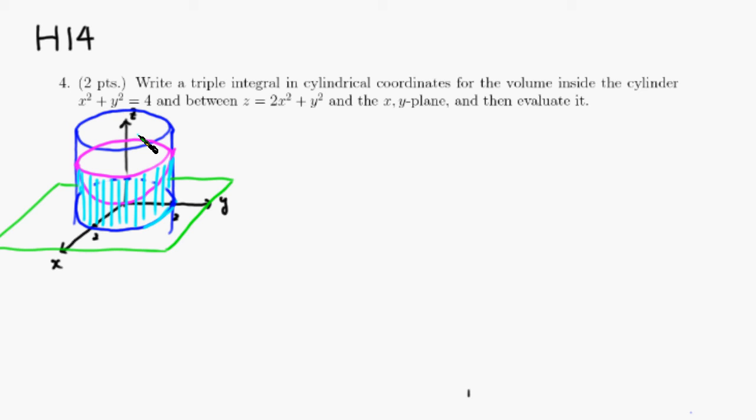So we want to find the volume of this thing, and so we have a triple integral. The volume element for a cylindrical coordinate system is r dr d theta dz.